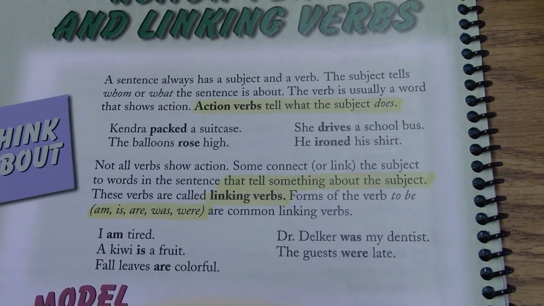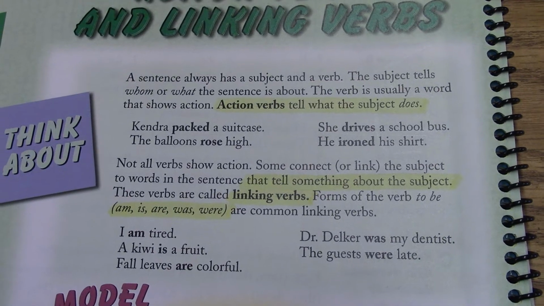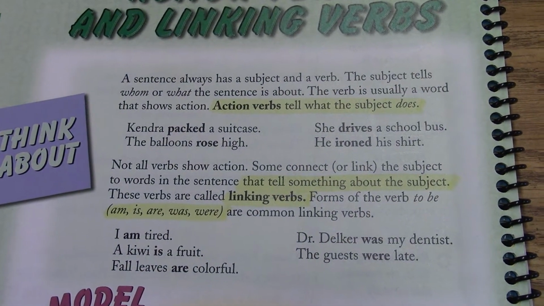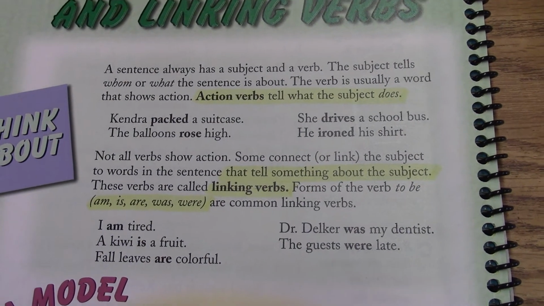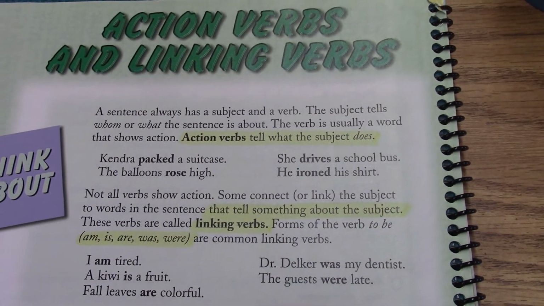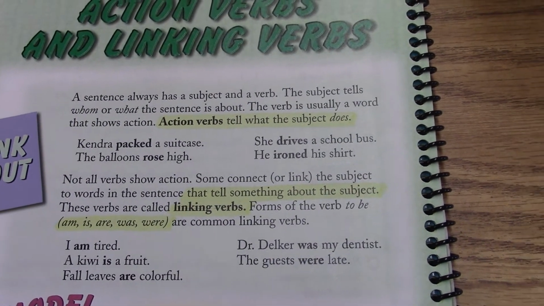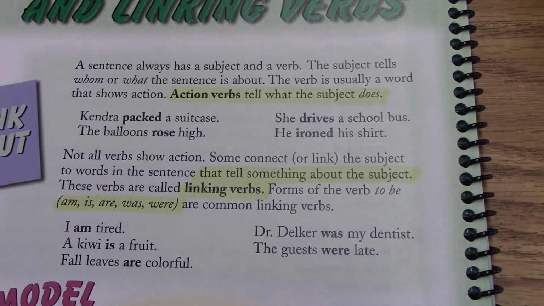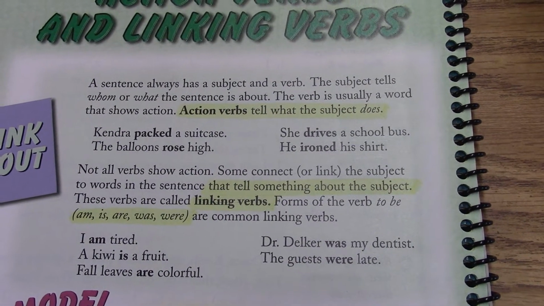For example, the dog ran down the street. Okay? The subject, it's about the dog, and the verb is that it ran. Right? So the subject tells who or what the sentence is about, and the verb is usually a word that shows action. They tell what the subject does.